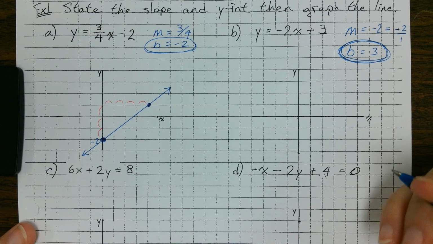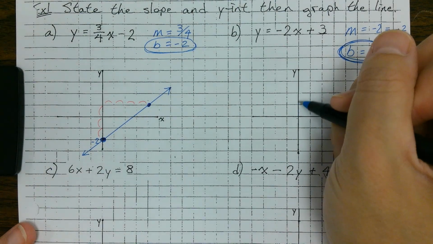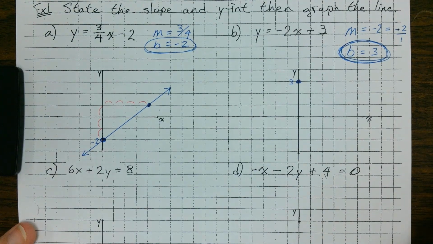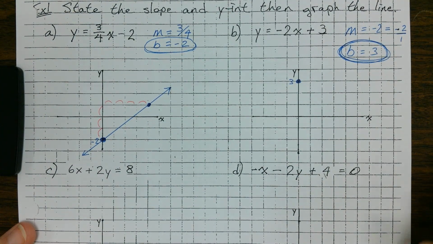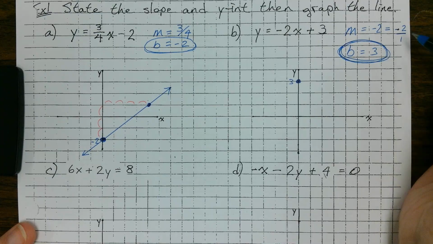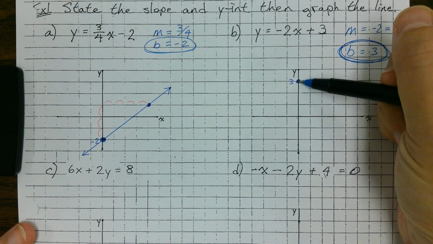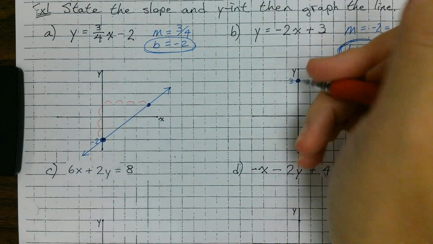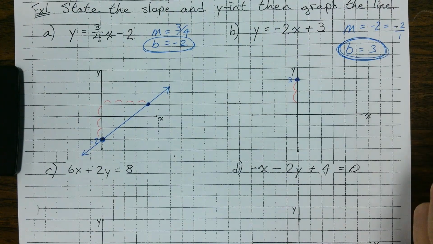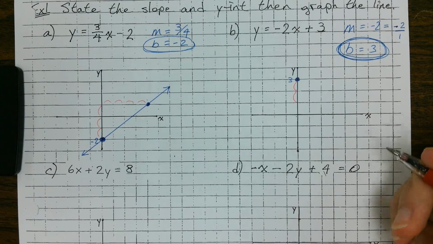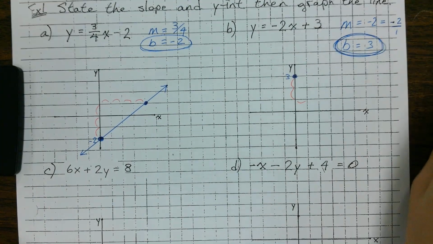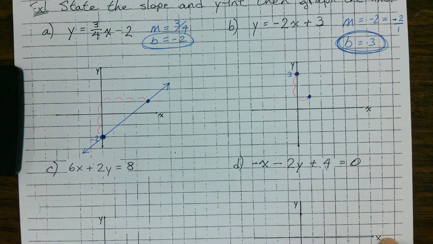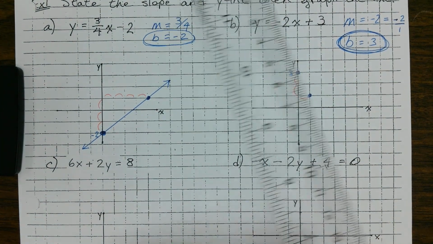That's your starting point. So on your y-axis, where it's 3, plot that. My slope is -2 over 1. So what do I do from this y-intercept? Go down 2 floors. I went in the elevator, I go down 2 floors. Once I get out, 1 to the right. Perfect. And then it brings you to this point. And there's your line.